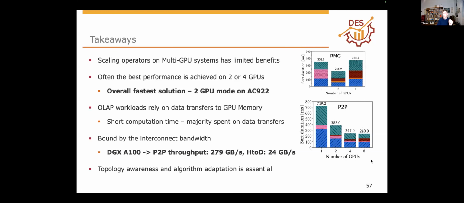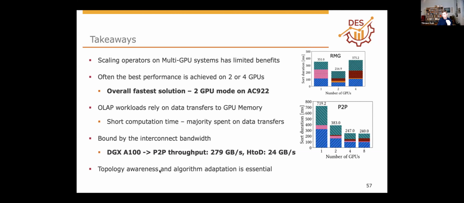But with these Grace Hopper architectures, we'll repeat these experiments, and we'll probably see that we can get even faster throughputs overall, an order of magnitude higher throughput, and thus a lower end-to-end duration. Then utilizing multiple GPUs will again make sense, and we'll see some scalability with these faster interconnects.